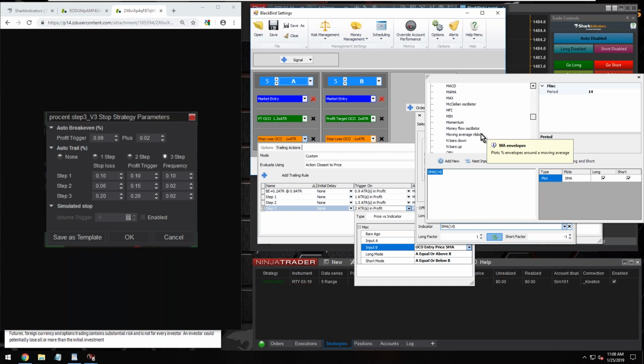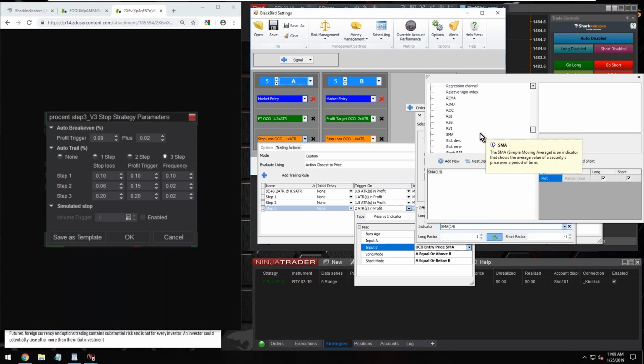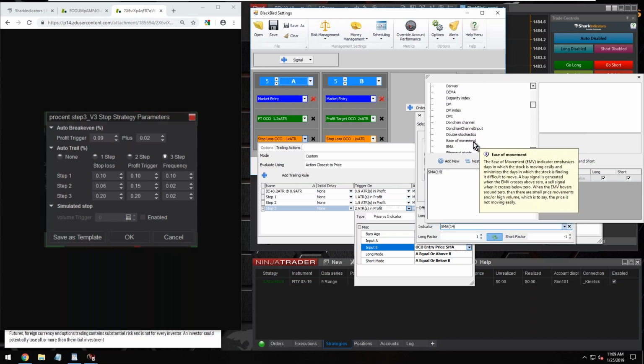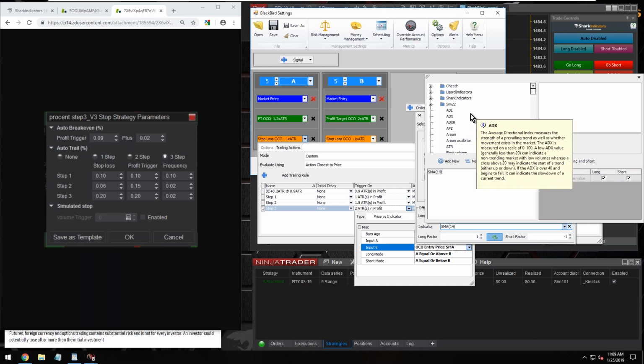It's too bad there isn't a percentage indicator. Range is not the same. The reason there's really no built-in percentage indicator is because a percentage needs a starting value. You have to have a known value that you're calculating a percentage from.